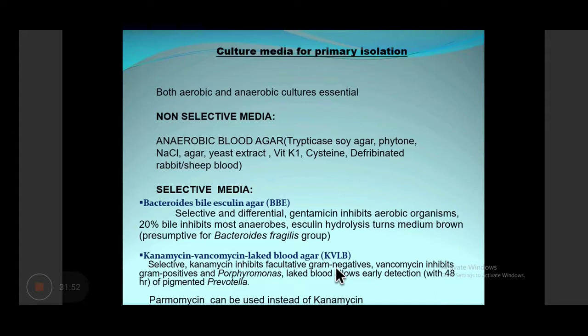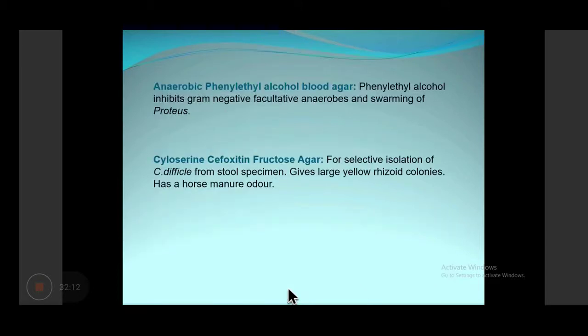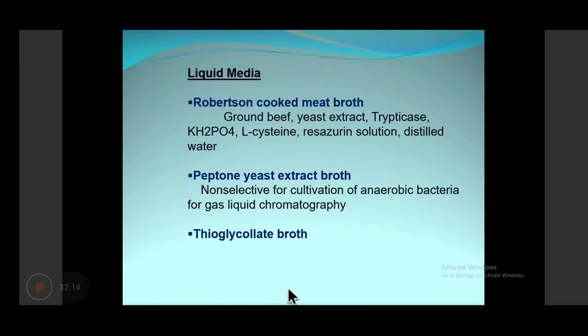So when we use laked blood agar, we have the ingredients of the RBCs out of the cells, and we directly support the growth of anaerobic bacteria. So this is used in anaerobic identification.